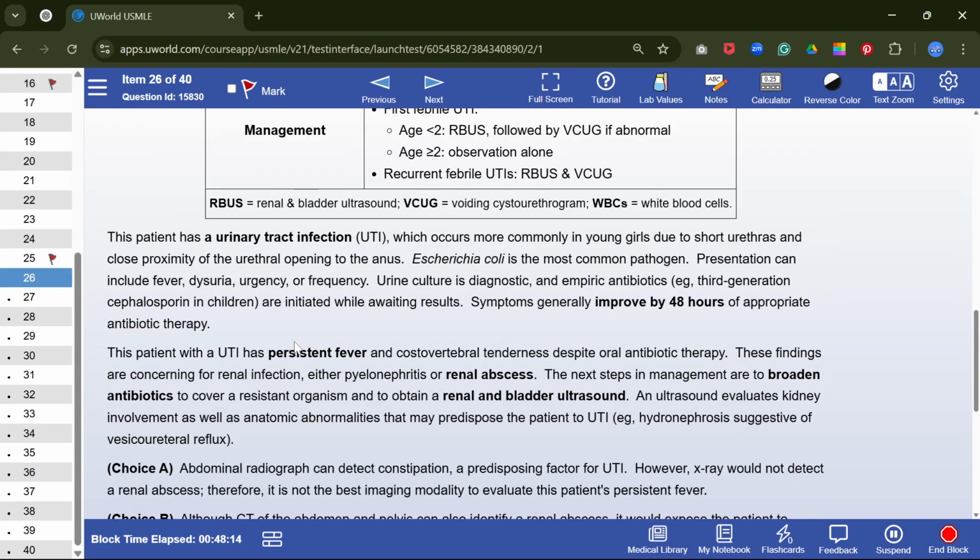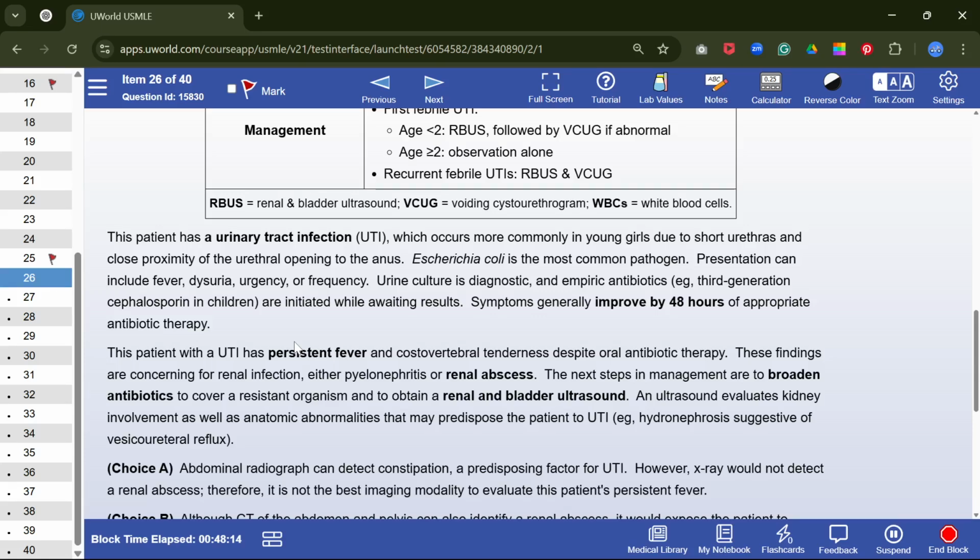So this patient has a urinary tract infection, which occurs most commonly in young girls due to a short urethra and close proximity of the urethral opening to the anus. E. coli is the most common pathogen.